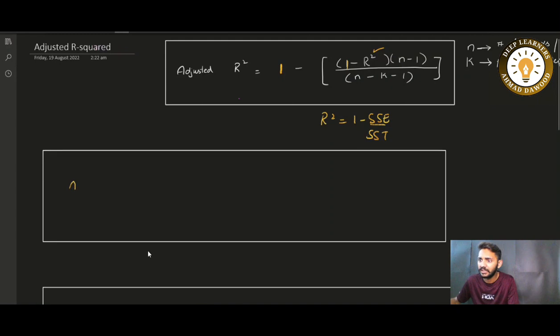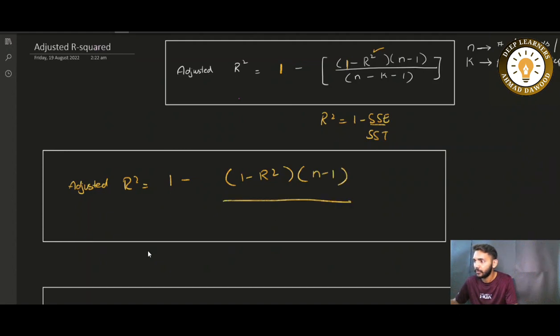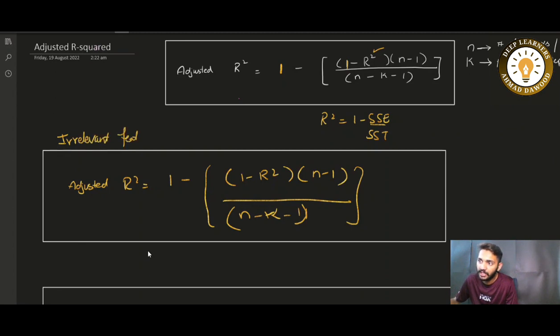Here the formula for adjusted R square is equal to 1 minus (1 minus R square) times (n minus 1) divided by (n minus k minus 1). First I will consider the case where the added feature is irrelevant.